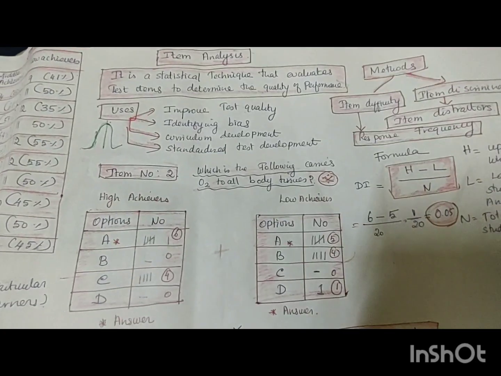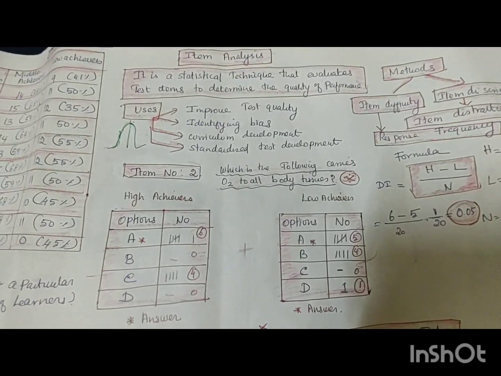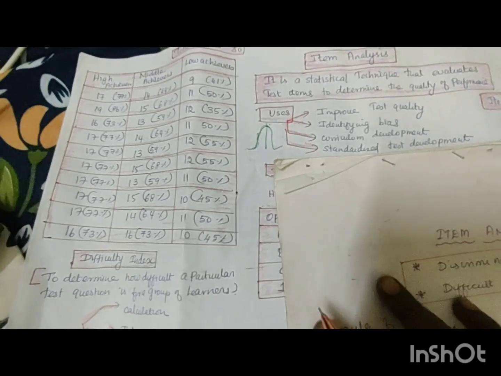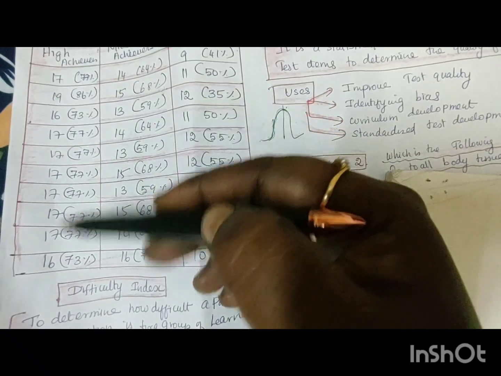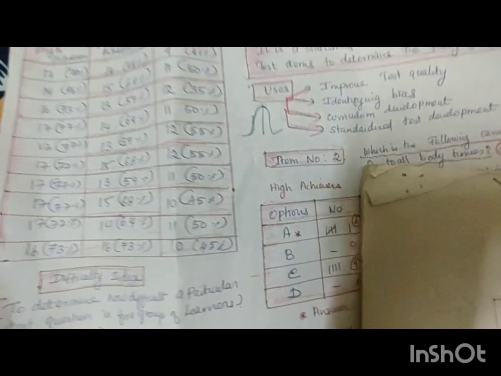I told you I have 22 questions. The question papers were evaluated and corrected, and then I took each paper and made the percentage. Now each question I have to take in the item analysis.